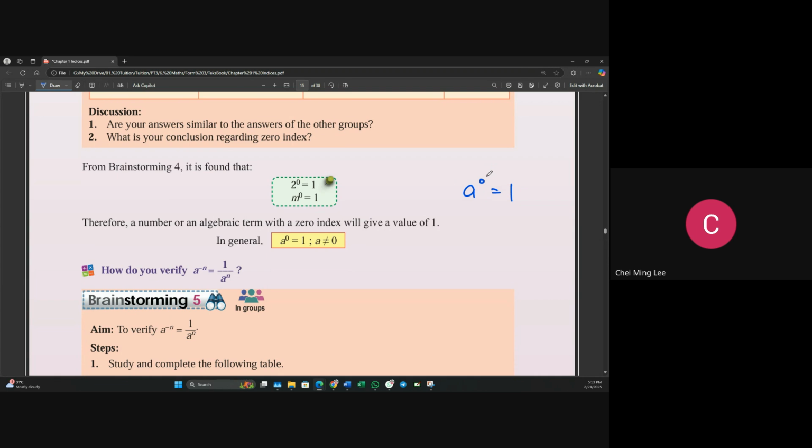Any number to the power of 0 should be equal to 1. Because 0 to the power of 0, I think, is infinity, if I'm not mistaken.